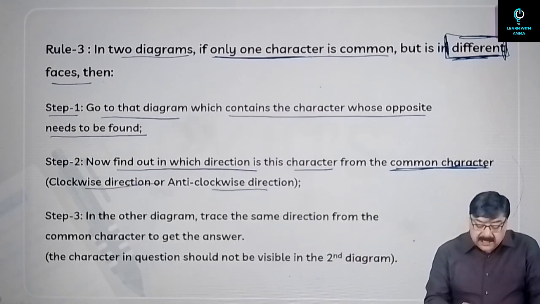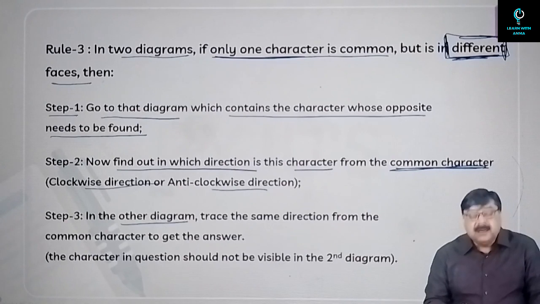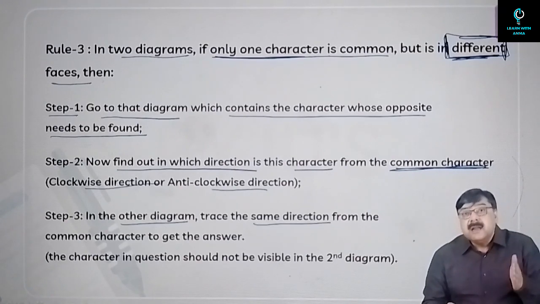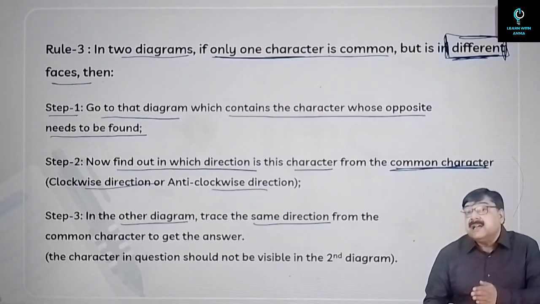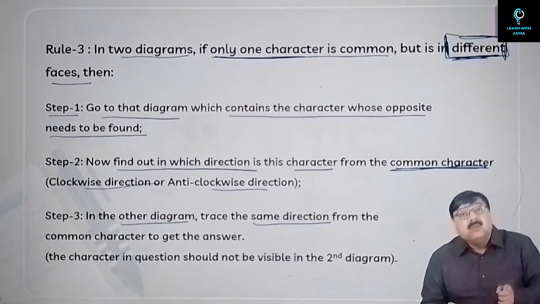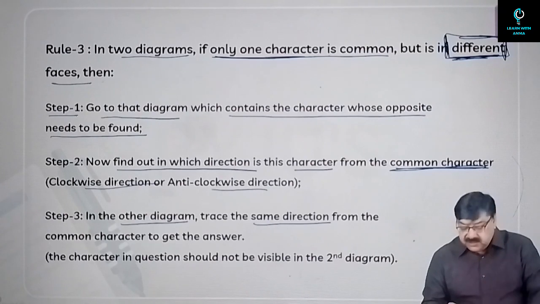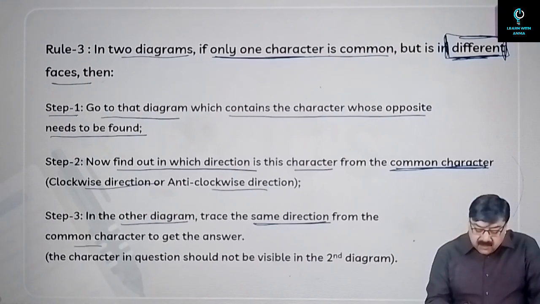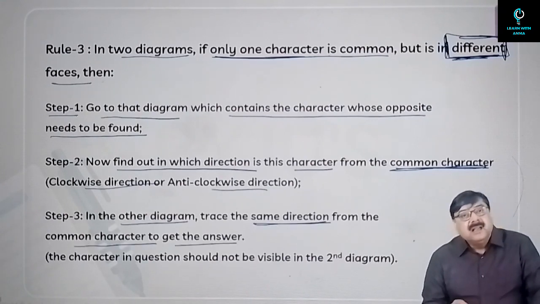Now in step 3, go to the other diagram and trace the same direction. If you found that the number asked in the question was in the clockwise direction from the common number, then in the other diagram from the common number, you go in that clockwise direction only, in the same direction. So trace the same direction from the common character to get the answer.